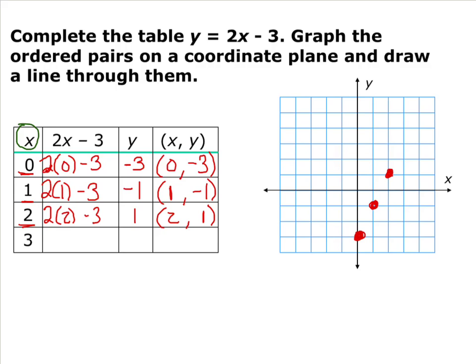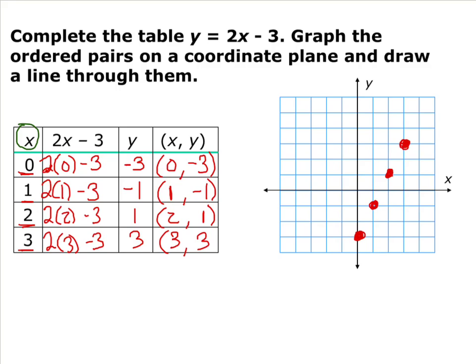Okay, now let's do the last one that I have here. So I'm going to have 2 times 3 minus 3. Well, 2 times 3 is 6, minus 3 is 3. So my x value, again, I know is 3, tells me that over there. So I'm going to have 3, comma, 3. So I'll go over 3, up 3, which gives me my last point right there.